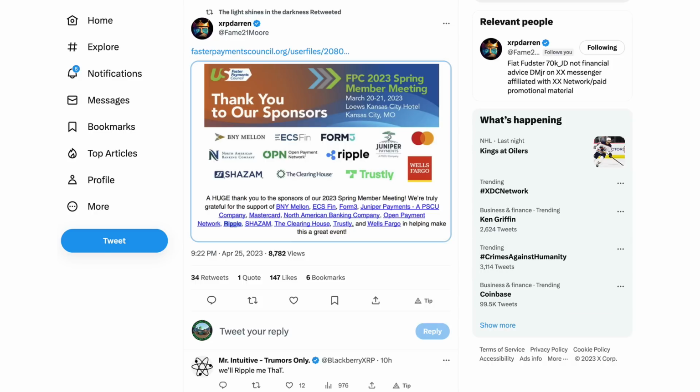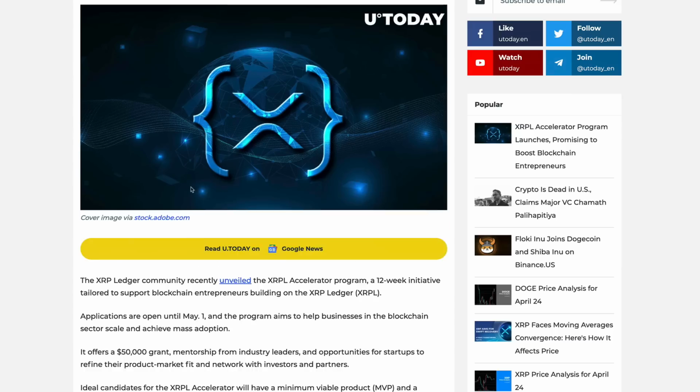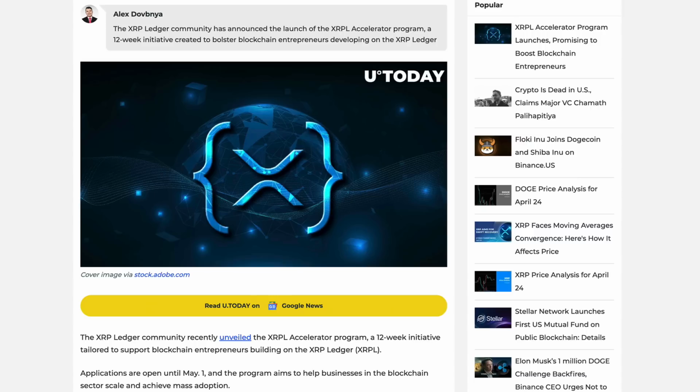Not only that, the XRP ledger is seeing a lot more development and has been ramping up over the last few years. We're seeing new use cases, right? And multiple grant programs and initiatives are occurring in conjunction with one another. It's not just, okay, we're going to have a contest once a year to see who provides the best XRPL product or whatever. This is like a constant onslaught of development.